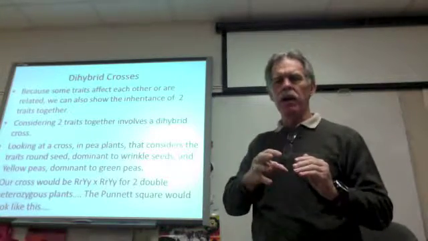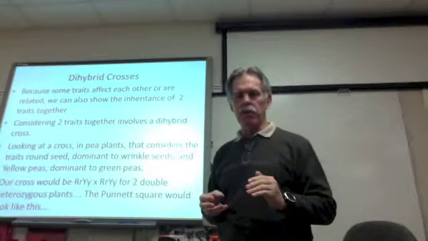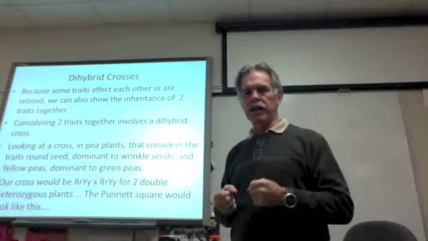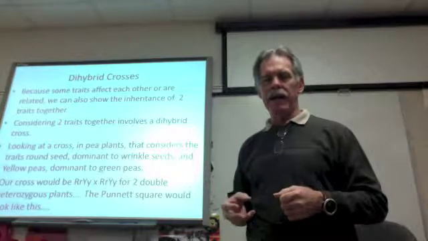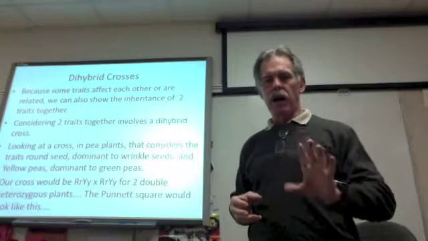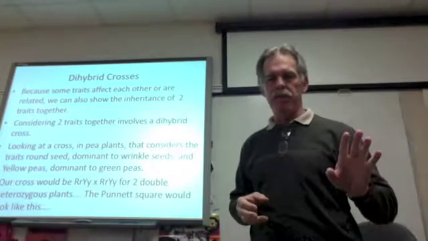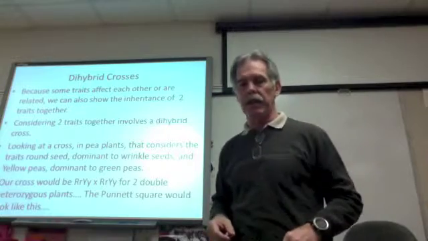So big R, little r, where the little r is the recessive that refers to wrinkled seeds. Remember, in complete dominance or simple dominance, we select the letter of the dominant trait, and then the capital of that letter is the dominant, and the recessive is the same letter but lowercase.